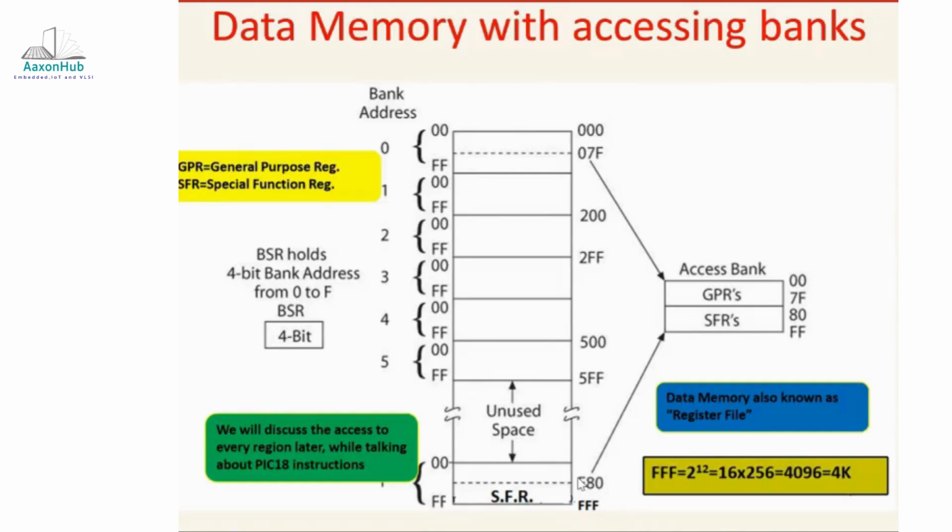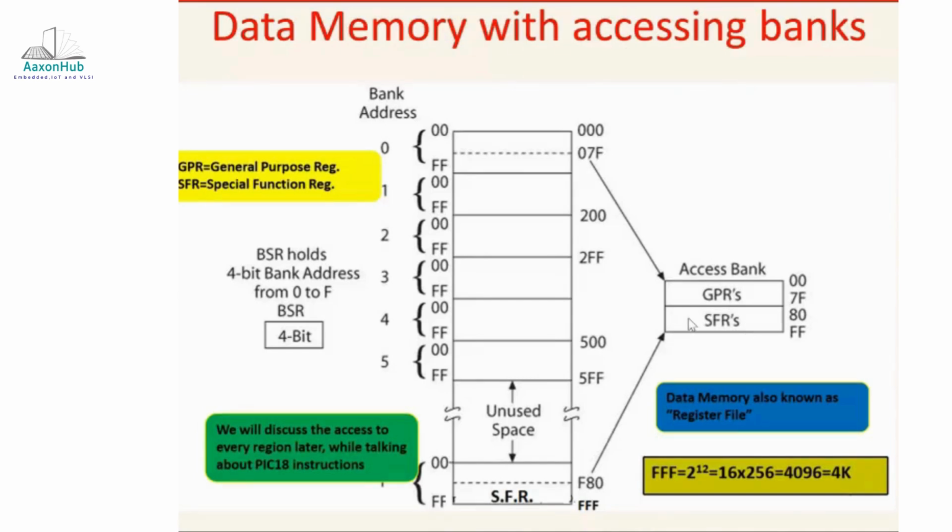As far as the general purpose register is concerned, banks 0 to 14 are allocated to the general purpose register, whereas the 15th bank is allocated to the special function register.